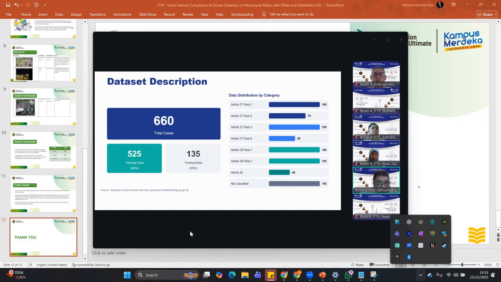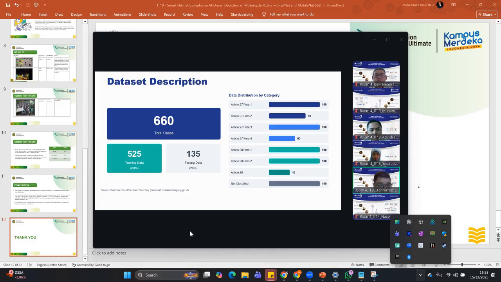Okay, next, the dataset description. Let me provide more detail about our dataset composition. We collected a total of 660 cybercrime cases, which we divided into 525 training instances, representing 80% of our data, and 135 testing instances, or 20 percent.